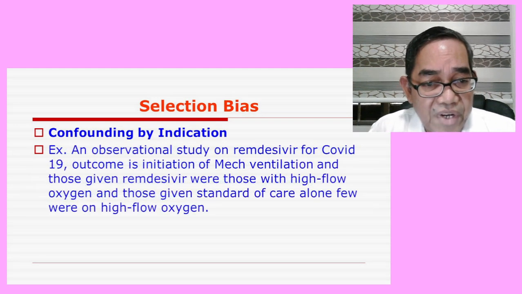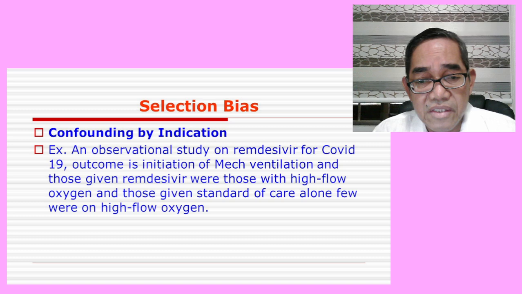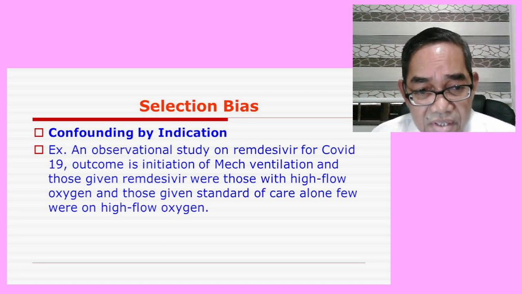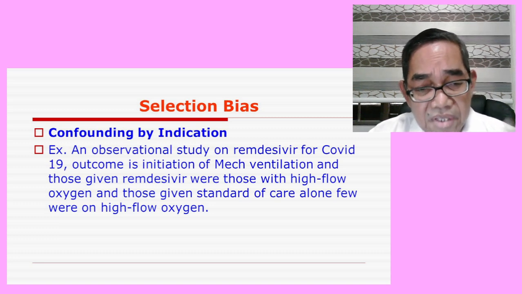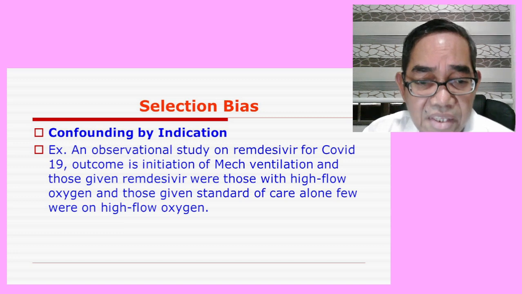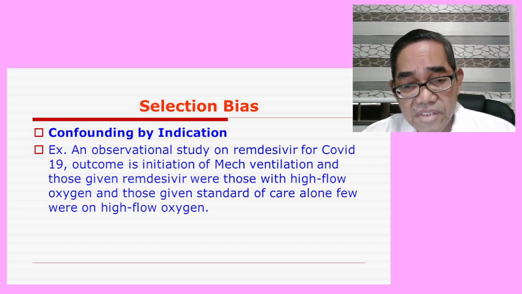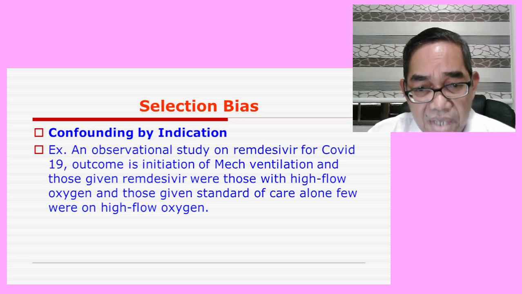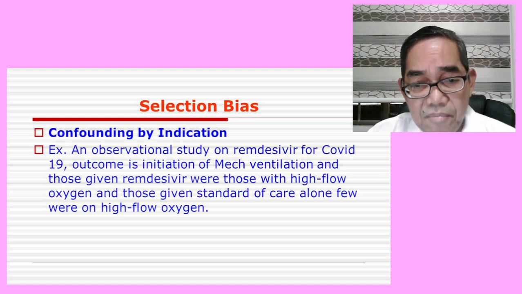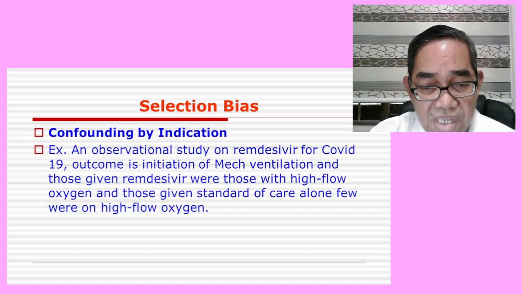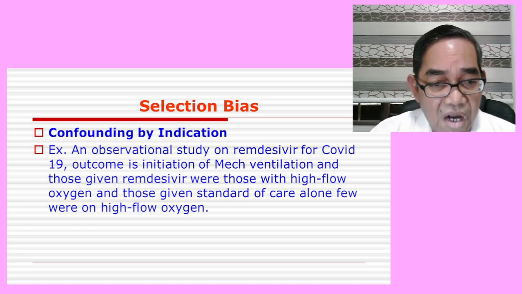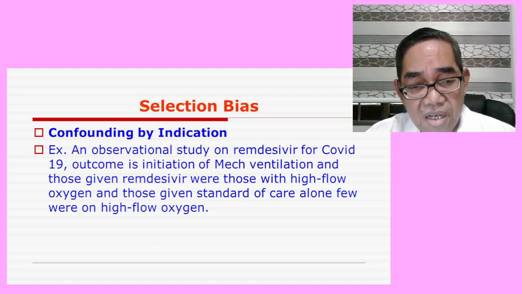So, for example, in an observational study on remdesivir for COVID-19, the outcome being initiation of mechanical ventilation, those given remdesivir in that particular cohort study were those with high flow oxygen requirement, whereas among those given standard of care alone, few were given high flow oxygen.